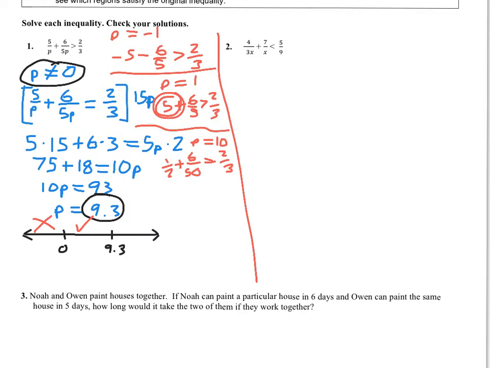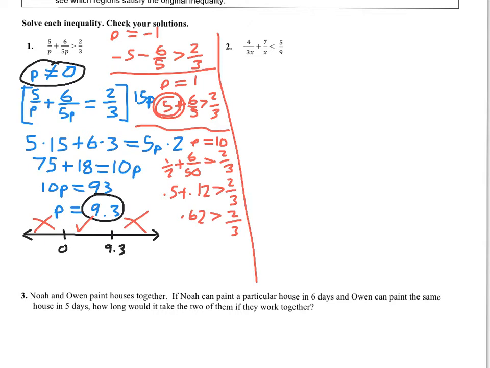So 1/2 is 0.5 plus 6 over 50 is 12 over 100, so 0.12. Is that greater than 2/3? 0.62 is not greater than 2/3. 2/3 is 0.666 repeating, so 0.62 is not bigger than that. So the only area that works is this middle area.